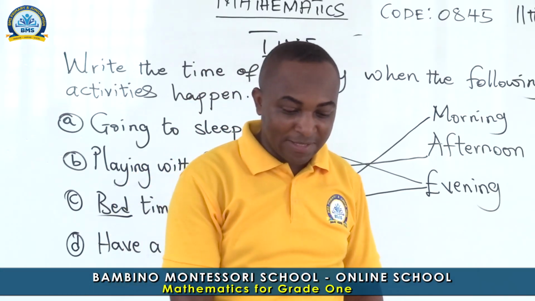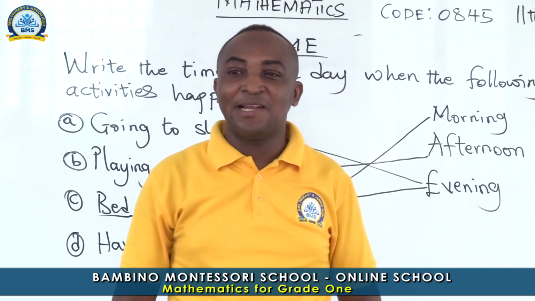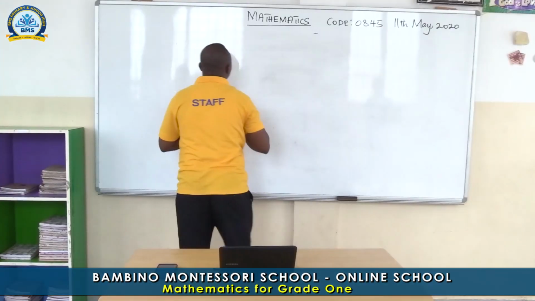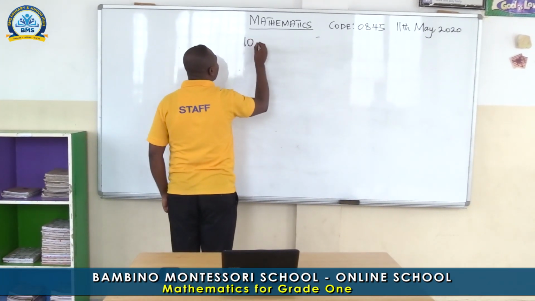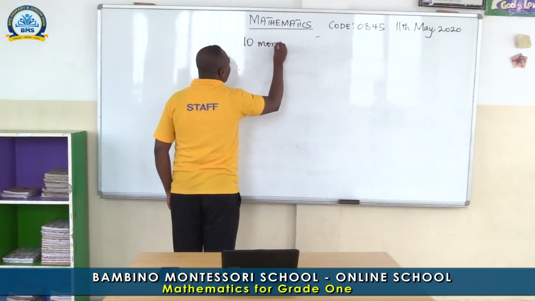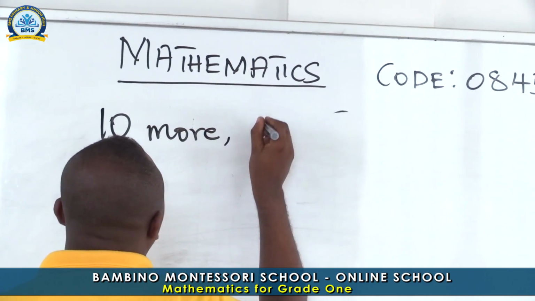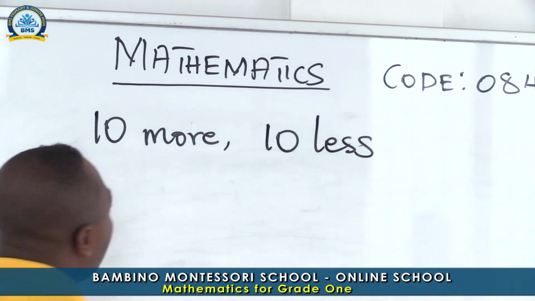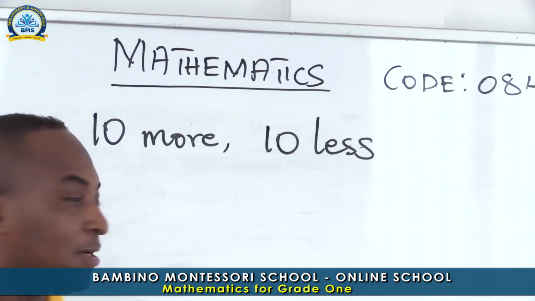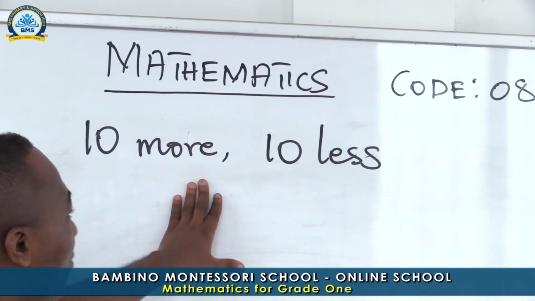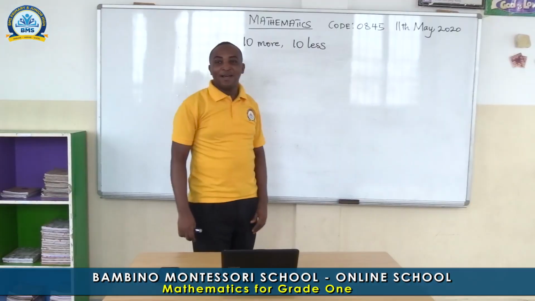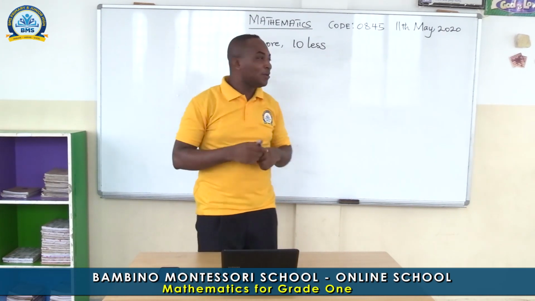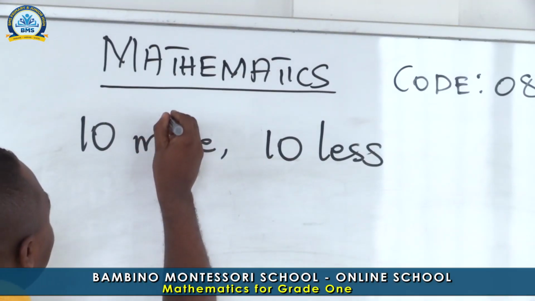Another topic we learned is 10 more, 10 less. I hope you haven't forgotten about this topic. I explained to you that as soon as you hear 10 more, it means you are going to add.